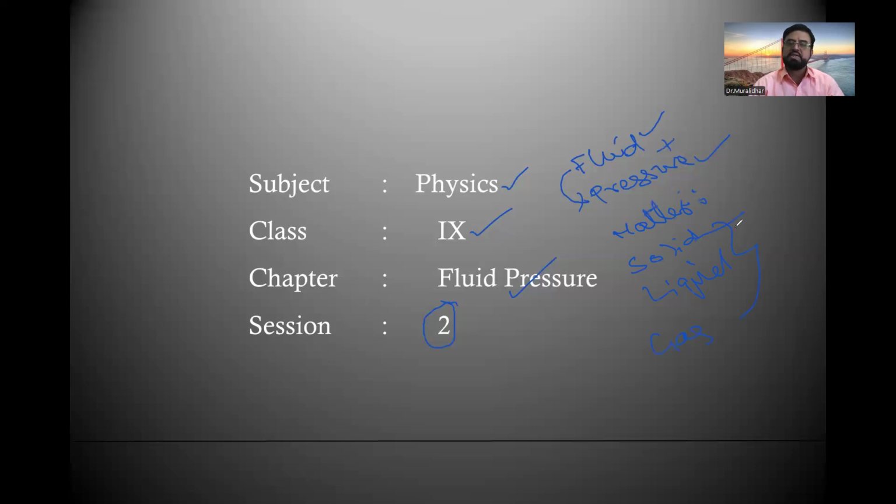Out of these, when you place a solid at one place, for example a pen, can it flow? No, it can only move, but it won't flow. Whereas liquids and gases always flow. So both liquids and gases together are called fluid, because they flow.